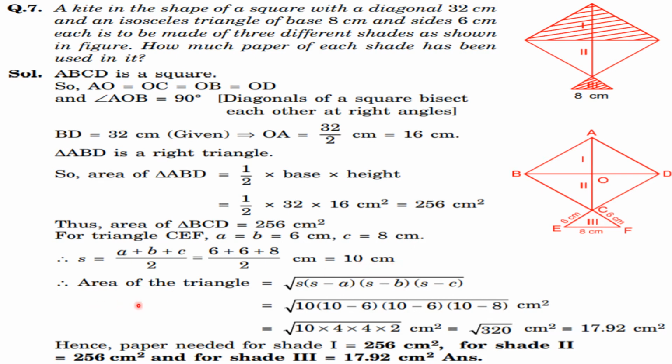Therefore, area of the triangle is equal to square root of S into S minus A into S minus B into S minus C. We wrote the Heron's formula.